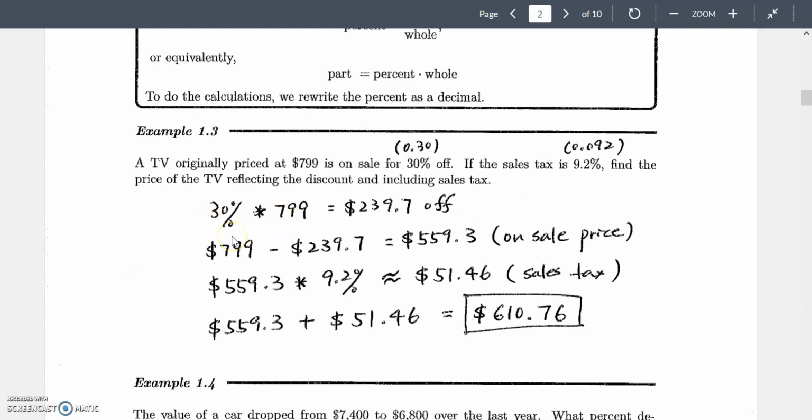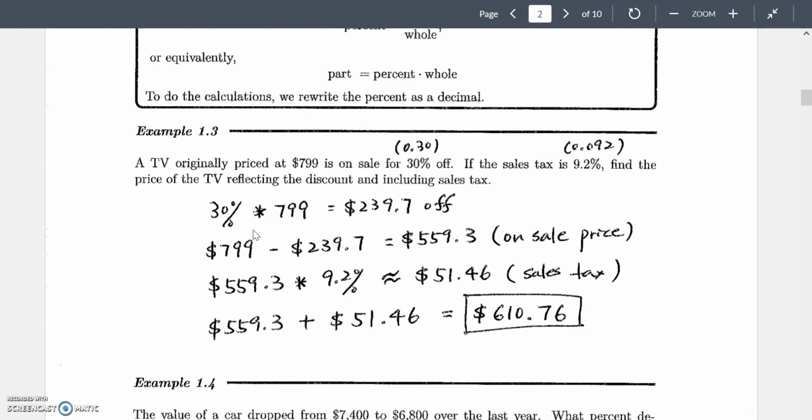Now your calculator doesn't like percent as much, so we want to change that 30% back to a decimal. Just like before, when we go from decimal to percent we multiply, so if you want to go back, you have to divide. So if you take 30 divided by 100, you get 0.3. 0.3 is 30%. So on the calculator, you do 0.3 times $799, and you will get $239.70.